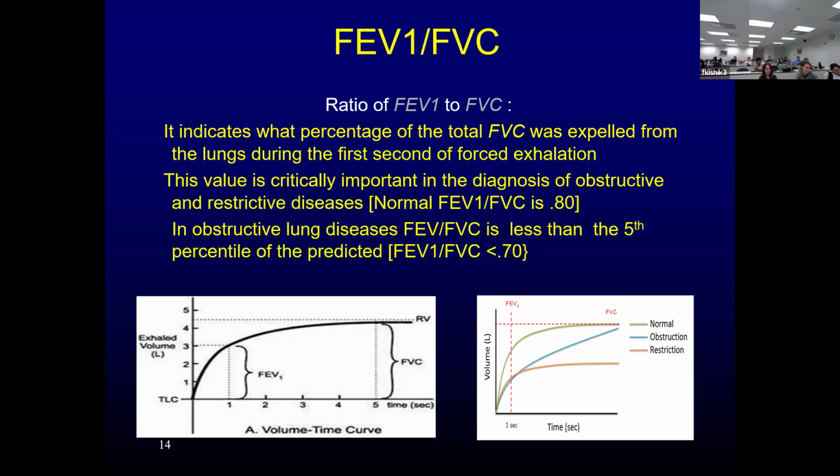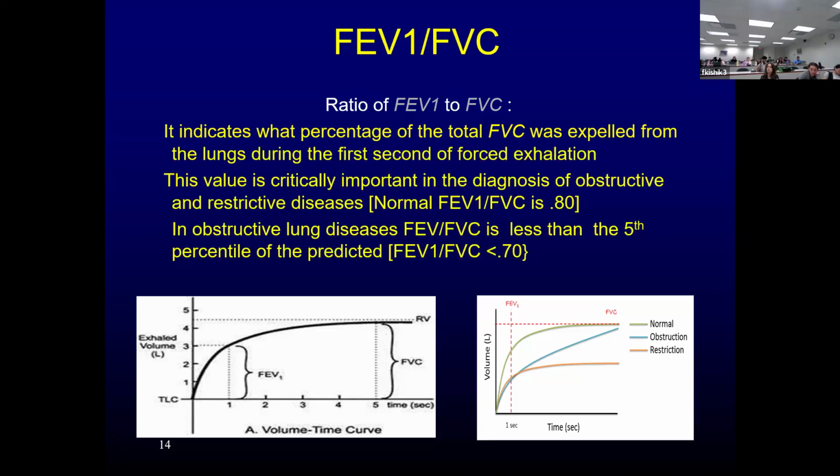So the patient exhales, just pay attention. This is at their maximum total capacity. They're exhaling out till the time they cannot do anything. What they exhaled out will be the vital capacity, and what they exhaled in the first second will be the FEV1. FEV1 by FVC is 0.80 or higher in healthy people, less than that in people who have obstructive lung disease. I can't keep repeating this again and again.